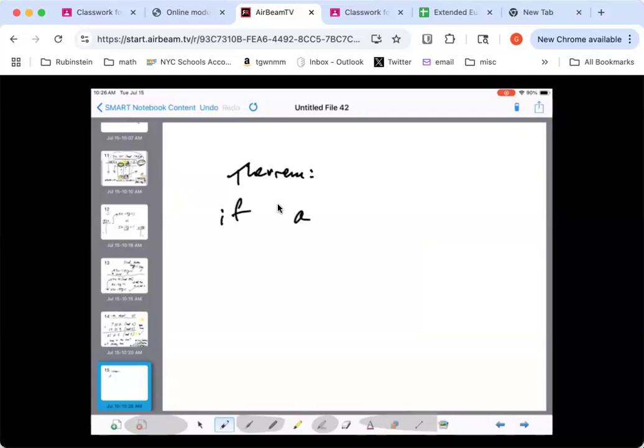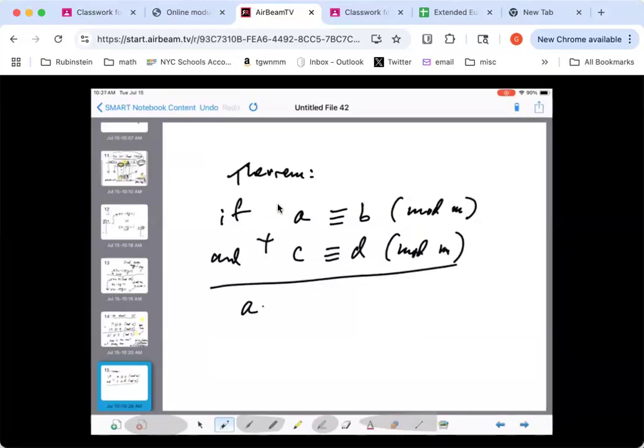If A is congruent to B mod M, and it's also true that C is equal to D mod M, I'm telling you that it is true. You are allowed to add both sides. Don't add the M's together.